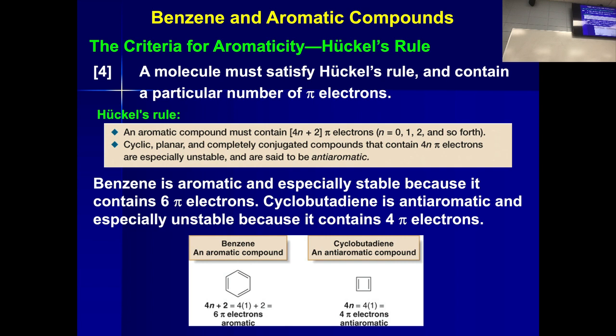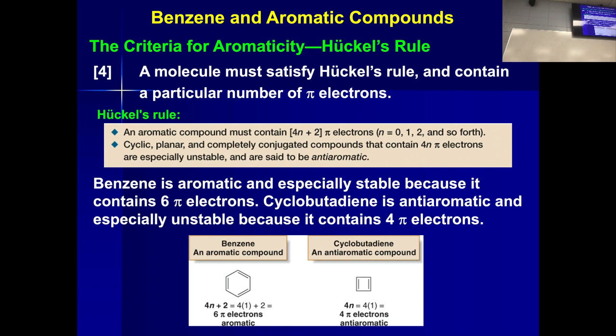It's got 4 pi electrons. 4n plus 2 equals 4. 4n equals 2. n equals 1/2. Does not satisfy Huckel's rule. It is not aromatic. In fact, this molecule satisfies the so-called 4n rule, which tells us if a molecule is anti-aromatic. We're not going to focus too much on anti-aromaticity in this class.